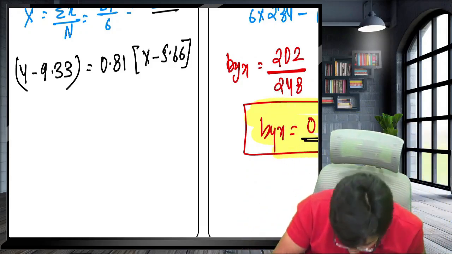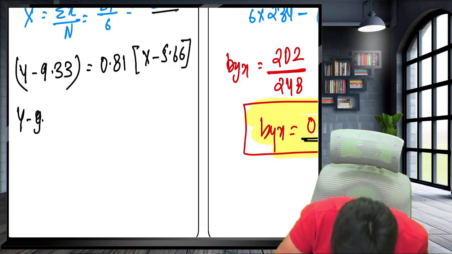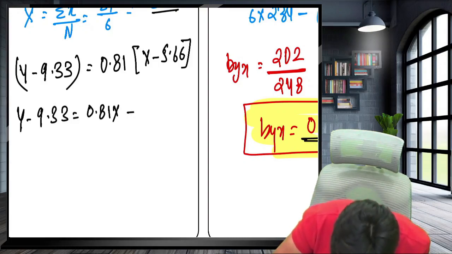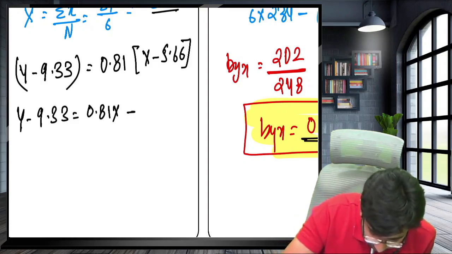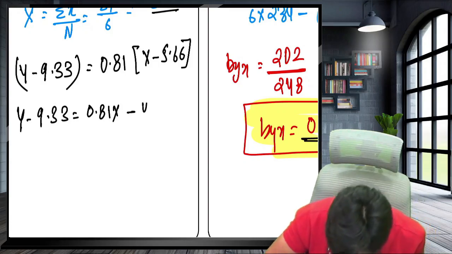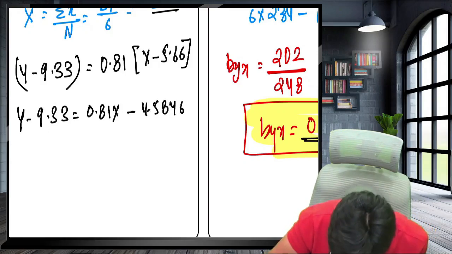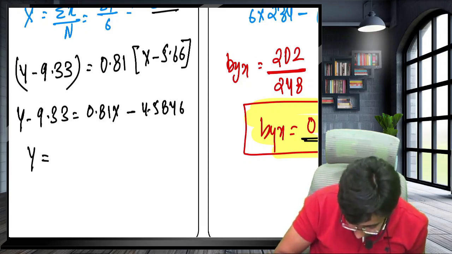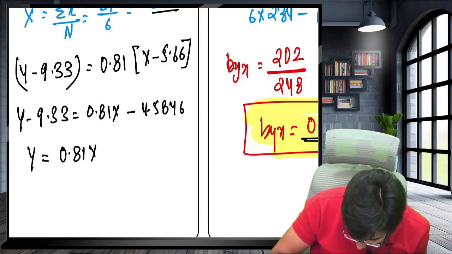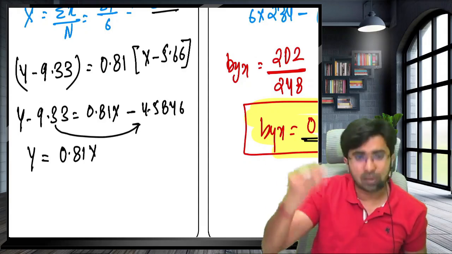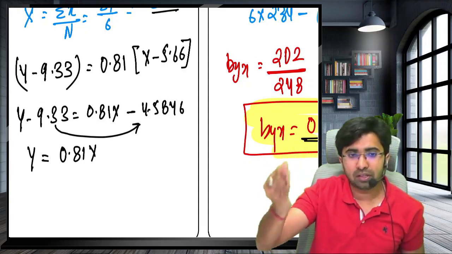Correct. Sir, let's make it Ravi Kumar. Let's make y on one side. y minus 9.33, let's open the bracket: 0.81x minus 0.81 into 5.66. Guys, this is 4.5846. Let's make y on one side. It will be 0.81x, and when this comes over here, it will be plus 9.33 minus 4.5846.